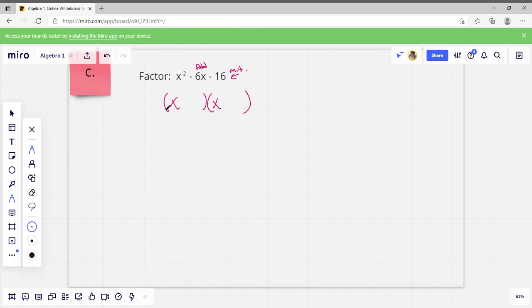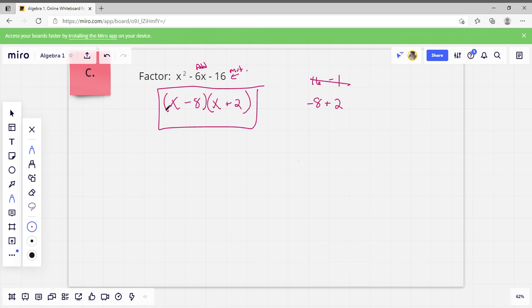All right, so for 16, we could say 16 and 1. That's not going to get us negative 6. We could say 8 and 2. Now if we did 8 minus 2, we get 6. If we did negative 8 and positive 2, we'd get negative 6. So it's going to be negative 8, positive 2. And that's the answer to that one.